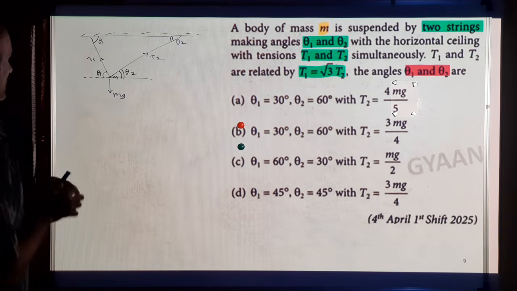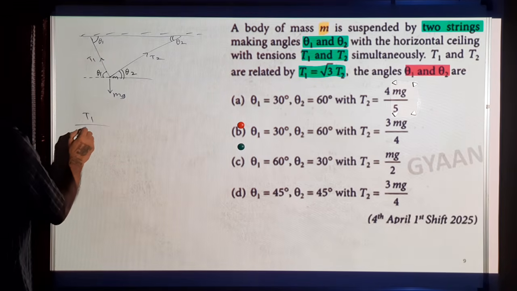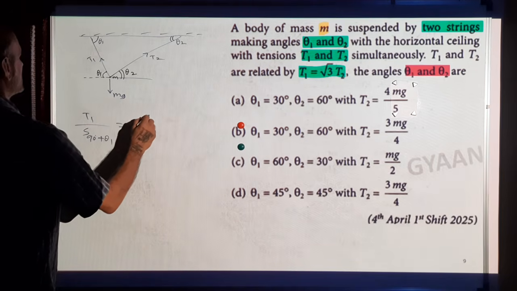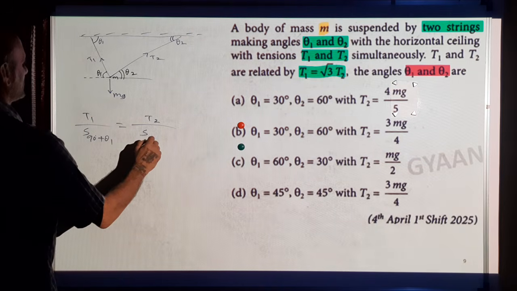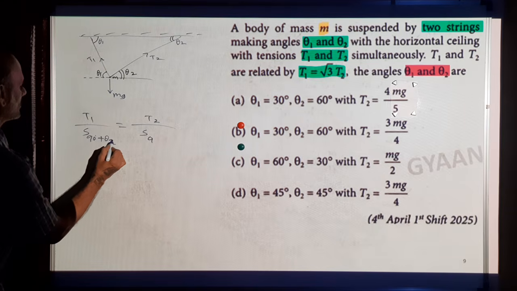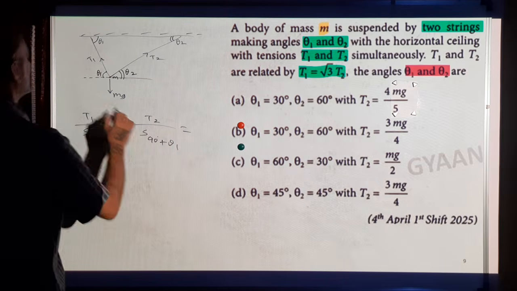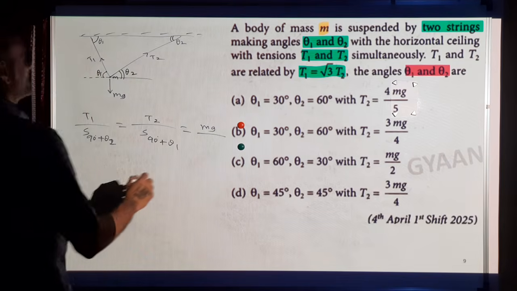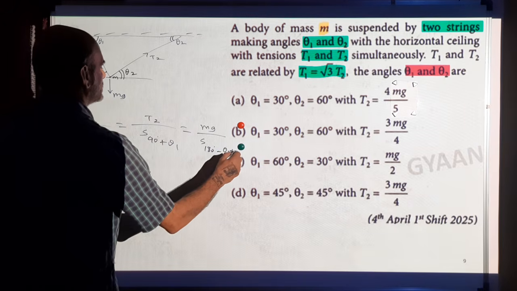Applying Lami's theorem, T1 by sine 90 plus theta2, similar to the previous question, equals T2 by the sine of the angle opposite to it, 90 plus theta1, equals the third force mg by the angle opposite to it, 180 minus theta1 plus theta2.